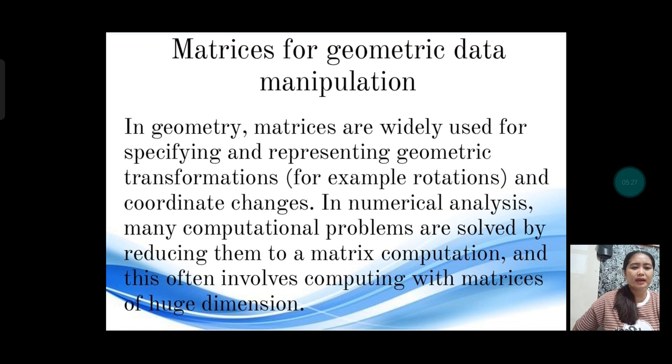In numerical analysis, many computational problems are solved by reducing them to a matrix computation, and this often involves computing with matrices of huge dimension.